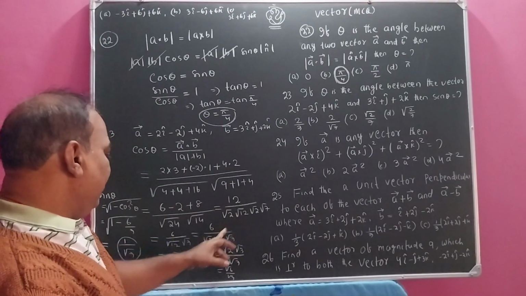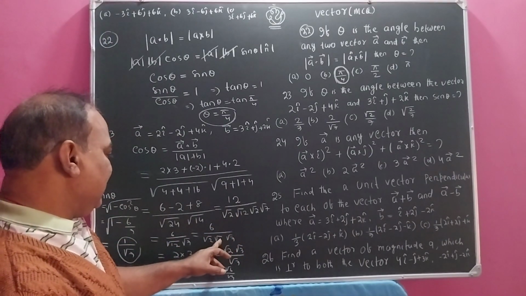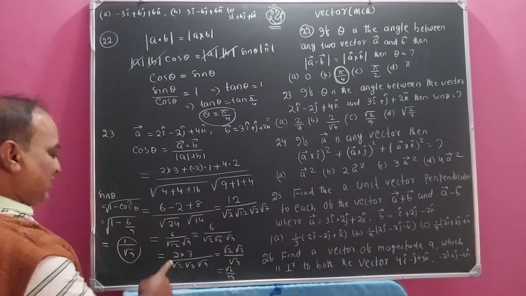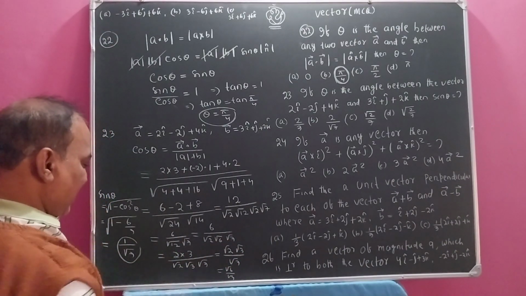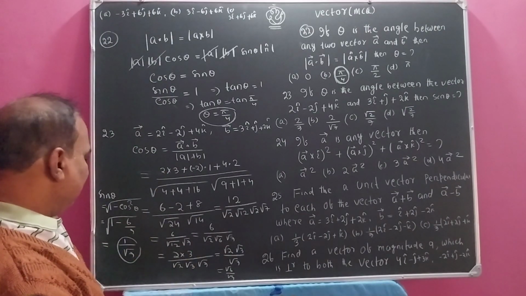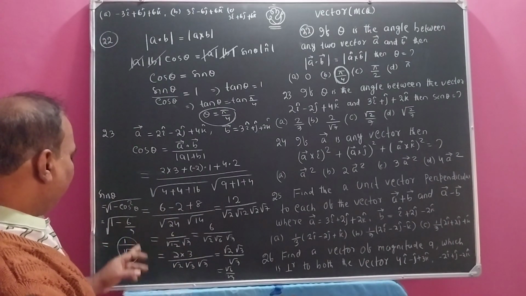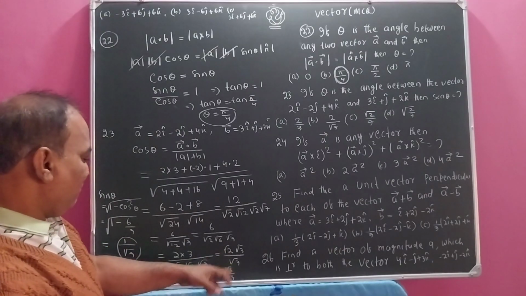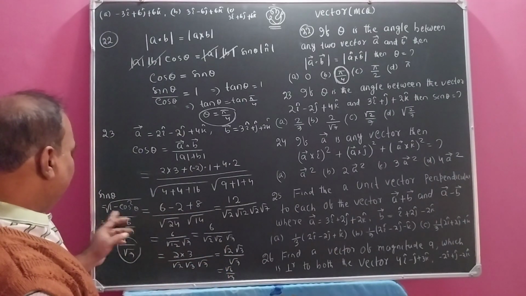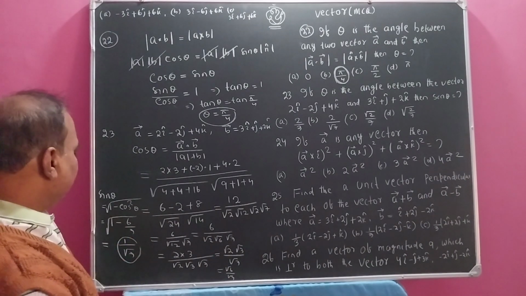Root 12 can be written as root 2 into root 6 into root 7. That is 2 into 3, root 2 into root 3, that is root 6. Here it is 7. Here we get 7 minus 6, that is 1 by root 7.